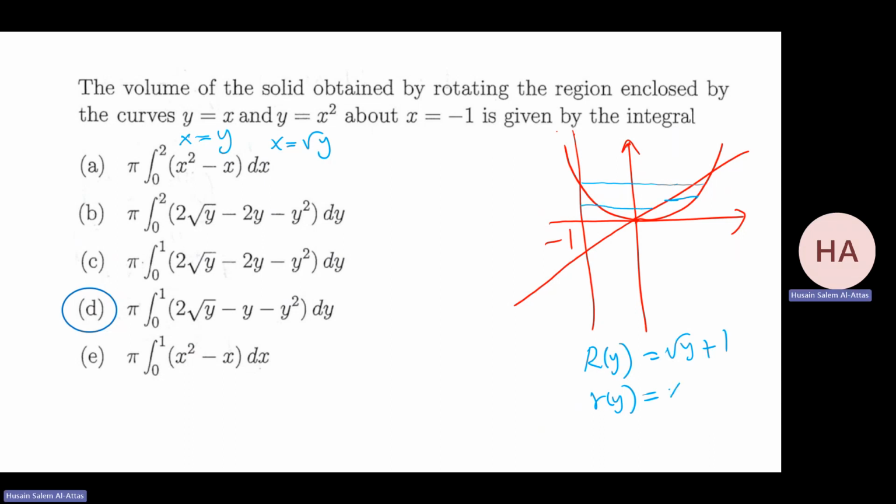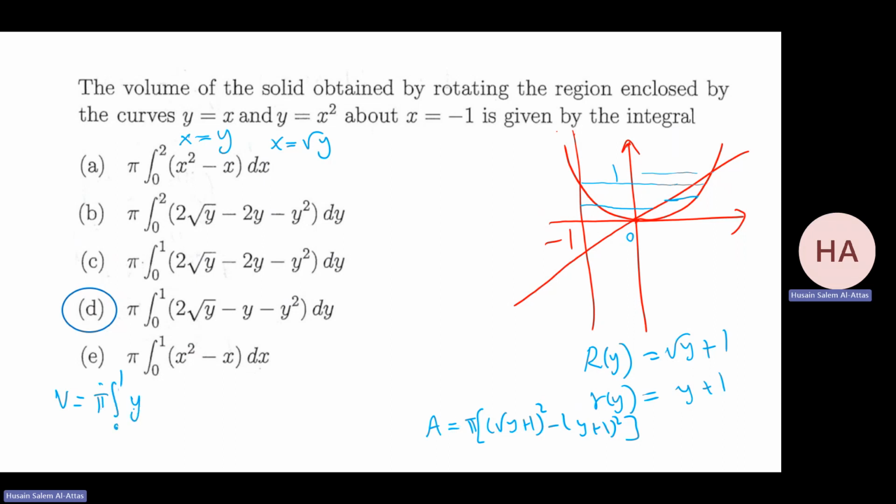So it will be y plus 1. The area will be this one squared minus this one squared. So the volume will be what? And from where to where? I want this from 0, and this point is 1. Y values. That will be pi from 0 to 1.